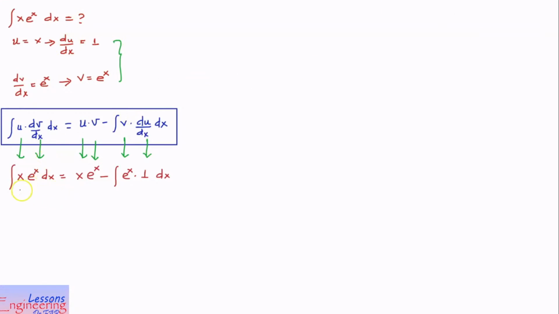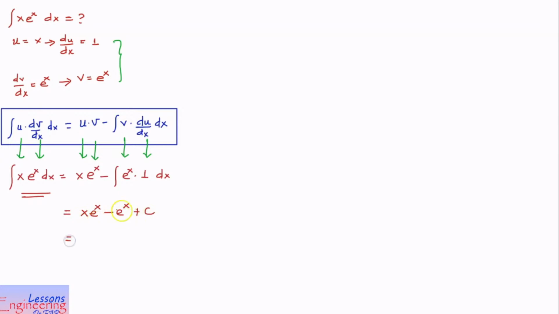So the integral of x e raised to x dx equals x e raised to x minus the integral of e raised to x, which is e raised to x. Because this is an indefinite integral, we can always add a constant, because the derivative of a constant will be 0.